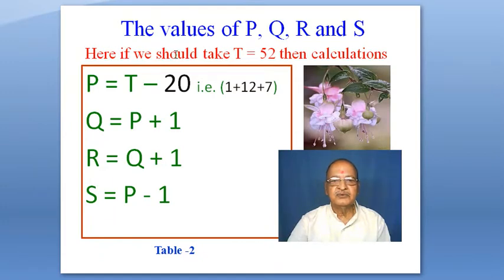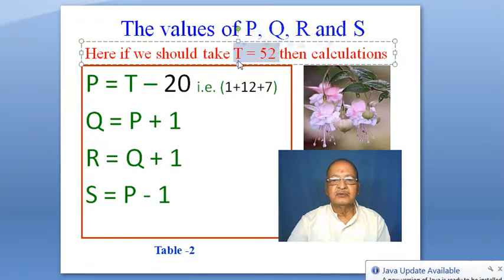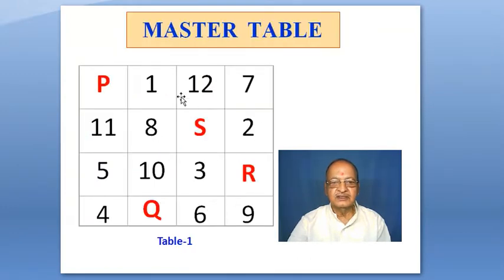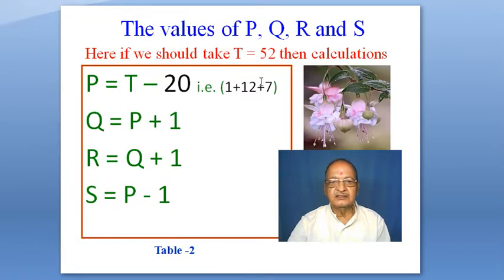Here you should take T equal to 52. T means total, that is sum. Earlier in this table, the sum was the total. T stands for sum.